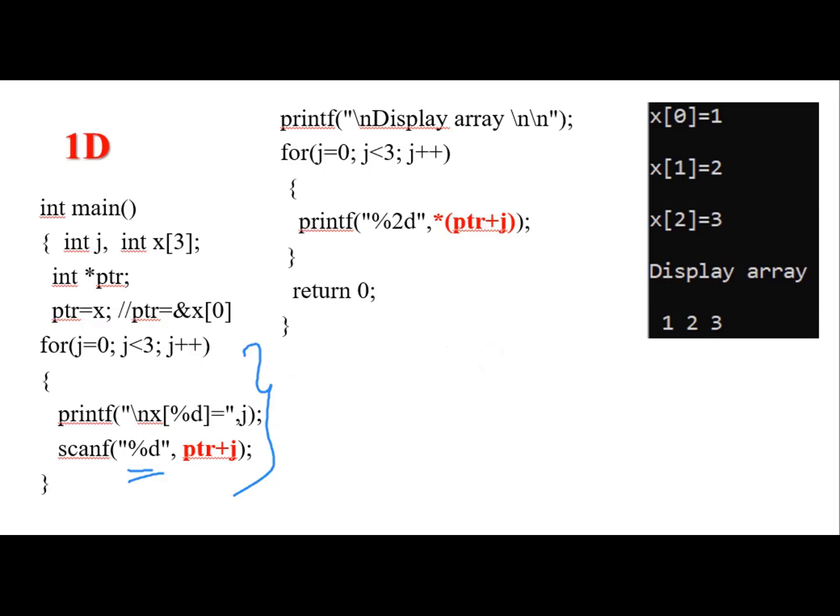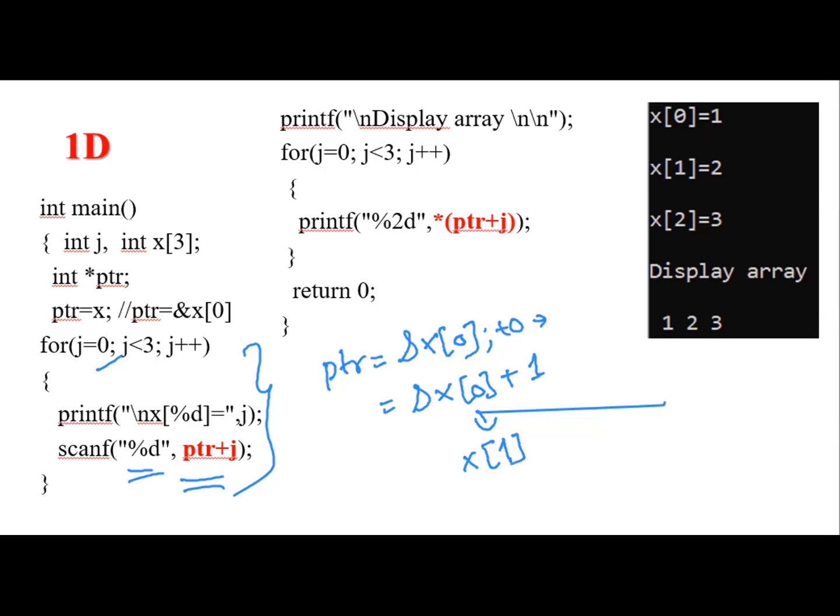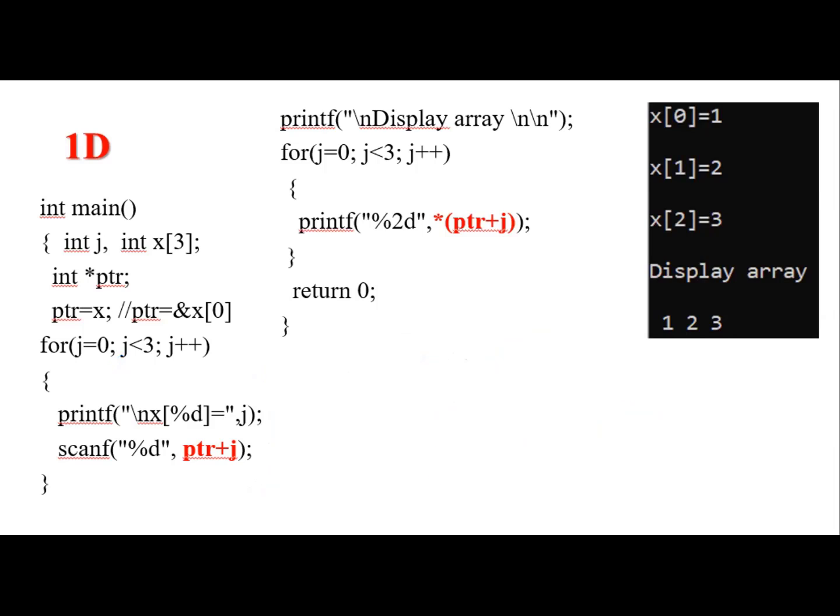Percentage d ptr plus j, so ptr is equivalent of writing %d of x of 0, right. Then when j is 0, I have plus 0, so it will point to the first element. When j increments, it would be x of 0 plus 1, so that is x of 1, %d of x of 1.